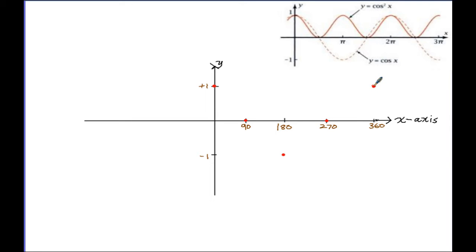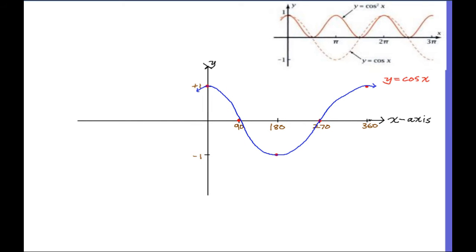For review on this topic, you can visit lesson 6, which gives a more detailed explanation. So this is y equals cosine of x.